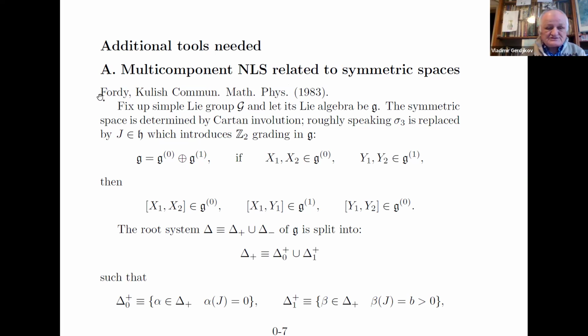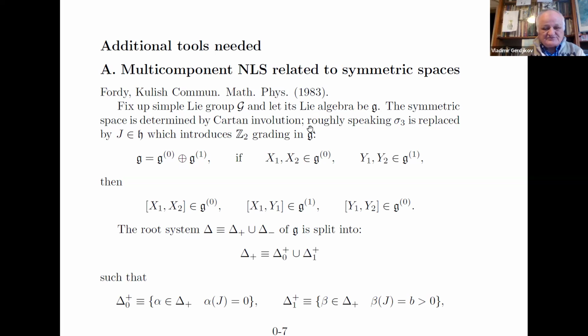This was discovered many years ago by Fordy and Kulish in their pioneering paper in Communications. So what does it mean that we have to use symmetric spaces? Let us choose a simple Lie group, G, and let its simple Lie algebra be small g. Then the symmetric space is determined by a Cartan involution.